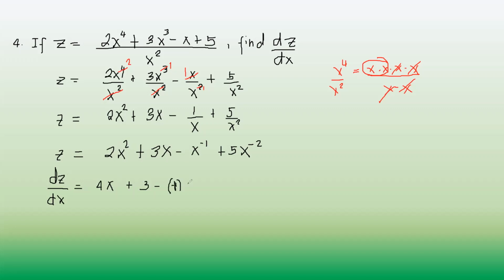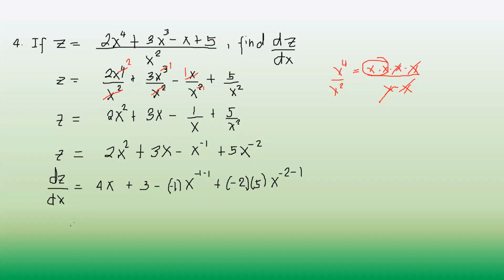So, negative 1 times, ayusin muna natin itong negative 1. So, we have negative 1 times x raised to negative 1 minus 1 plus, baba si negative 2. Negative 2 times 5 x raised to negative 2 minus 1.